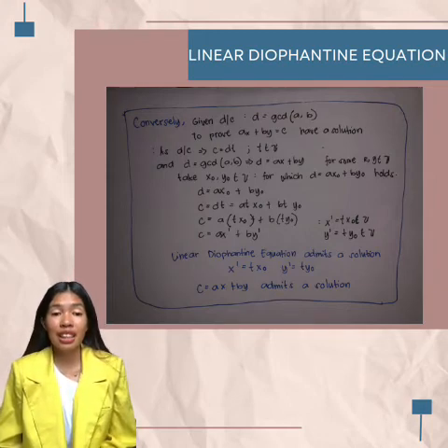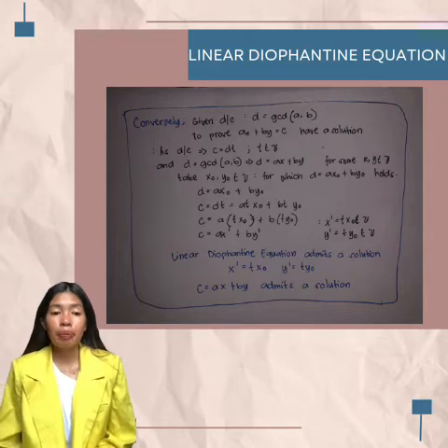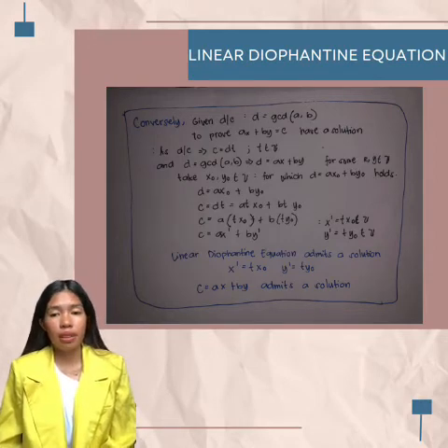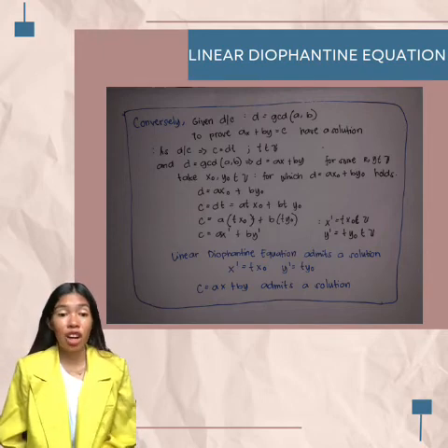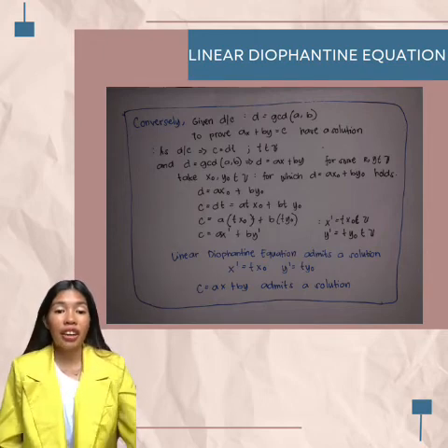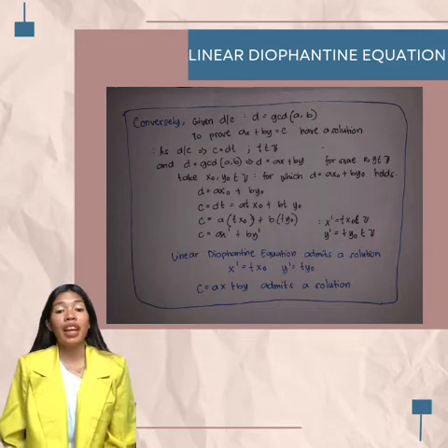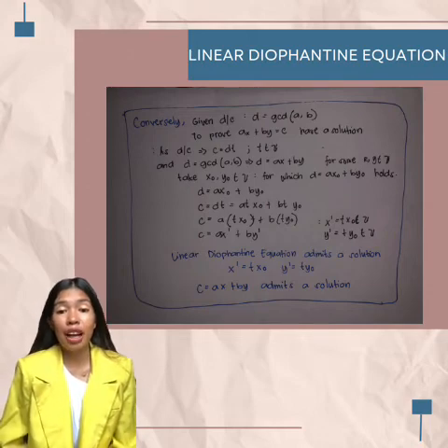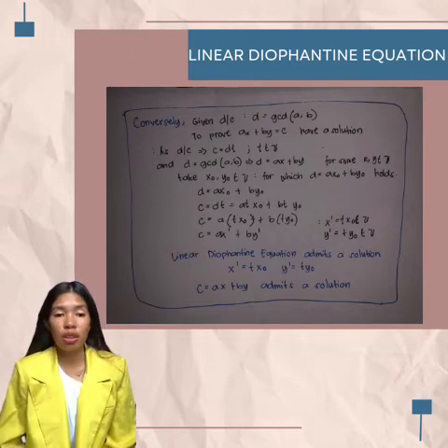So this means c is equal to ax dash plus by dash. Here x dash is t times x naught, which belongs to the integers, of course. y dash is t times y naught, which also belongs to the integers.